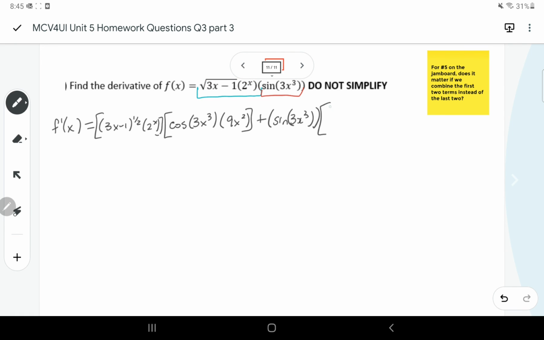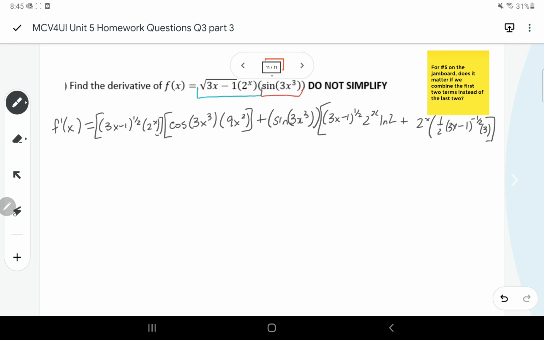So it would be the first, 3x minus 1 to the 1/2. Derivative of the second is 2 to the x ln 2. You're going to get the same things, just in a different order. Plus the second, 2 to the x, times the derivative of the first, which is 1/2 times 3x minus 1 to the negative 1/2 times 3.